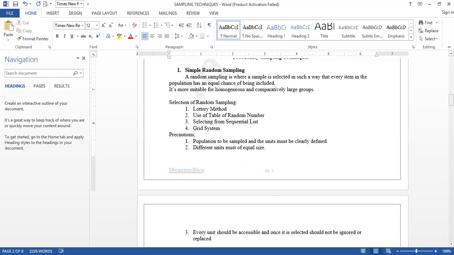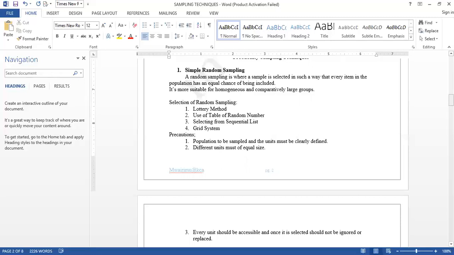It doesn't actually give priority to any element. All the elements in the population are going to have an equal chance of being involved in the sample.